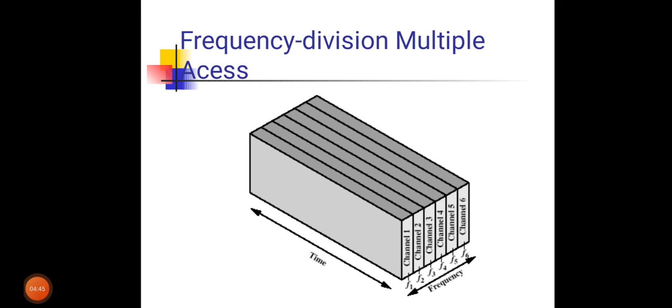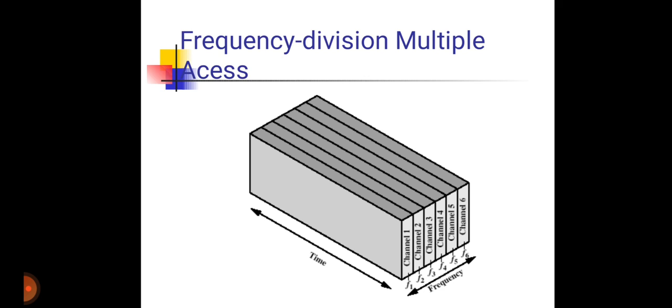Now, the first one is frequency division multiple access. The FDMA channel access scheme is based on the frequency division multiplexing, that is the FDM scheme, which provides different frequency bands to different data streams. FDM is inherently an analog technology which combines several signals into one medium by sending the signals in several distinct frequency ranges.